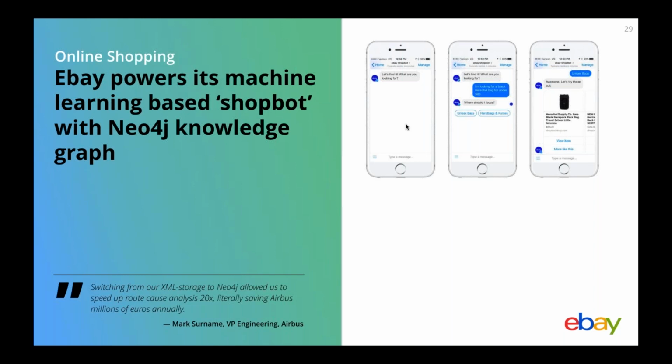And this is interesting because it really transformed the buyer experience, or is transforming the buyer experience, in the ability to give context into ideal purchase recommendations. And it combines artificial intelligence, natural language understanding, and using Neo4j for the knowledge graph.